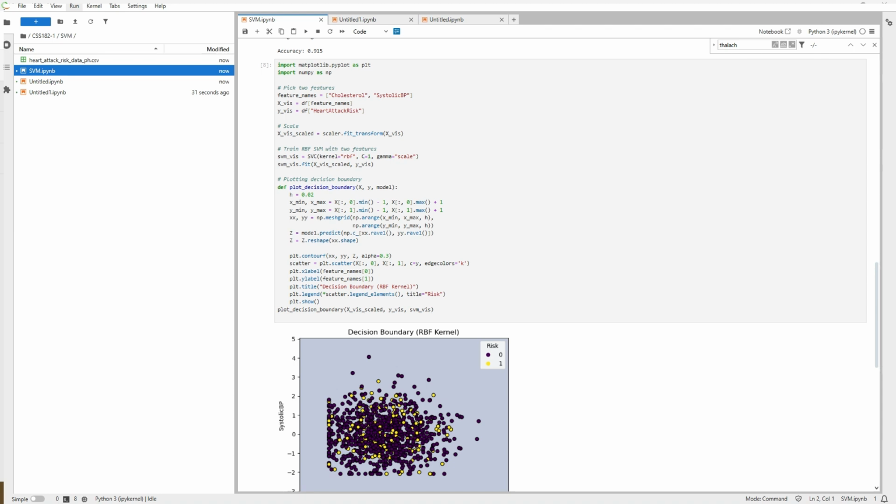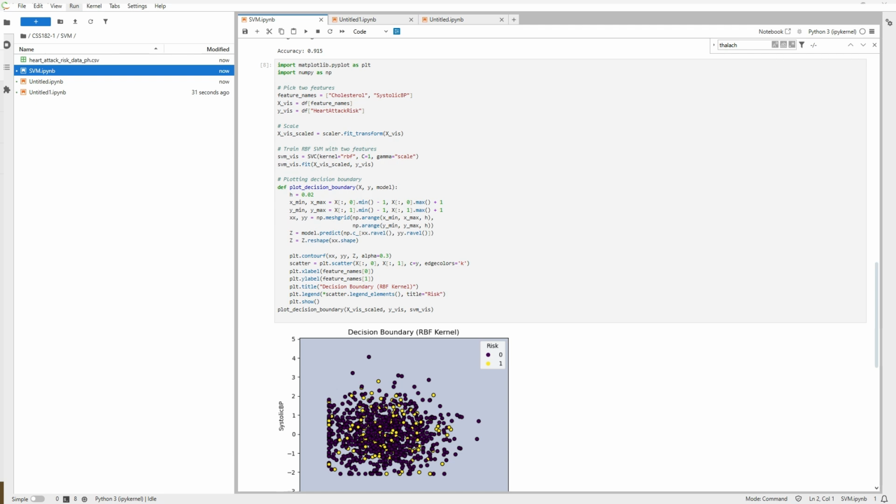The purple dots, which is 0, represent individuals classified as low risk. As for the yellow dots, they represent individuals classified as high risk. As you can see from the graph, the yellow or high-risk dots are scattered across the plot and are not clearly separated from the purple or low-risk ones.